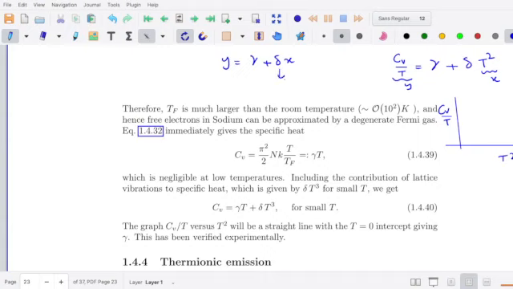So it's a line with a slope delta and a y-axis intercept at x equal to 0 equal to gamma, which is the proportionality factor corresponding to the electronic contribution to specific heat. So we should get a straight line like this, with the slope given by delta, and this intercept equal to gamma. And this has been verified experimentally.